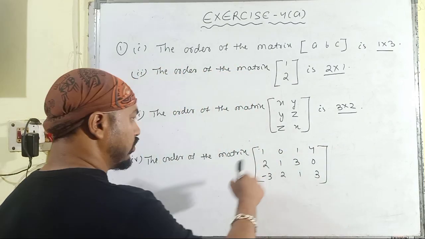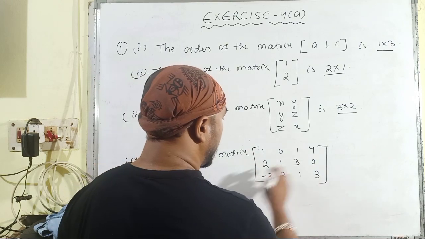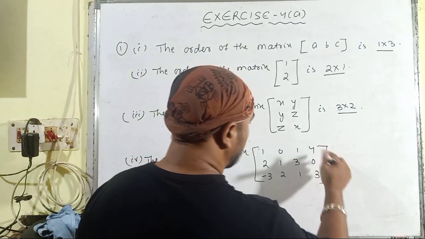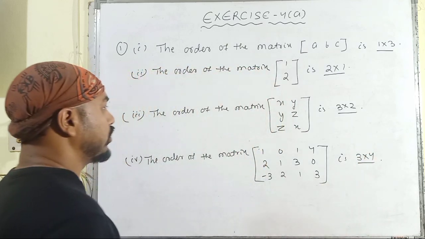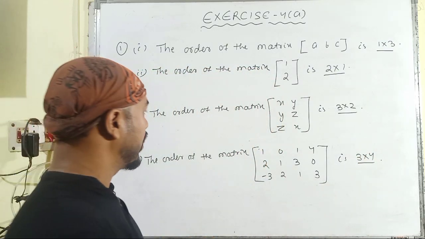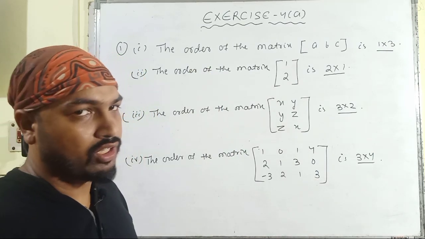It contains 3 rows and 4 columns, so the order is 3 cross 4. So here is the conclusion of number 1. We have solved all the parts of number 1 and determined the order of the given matrices.